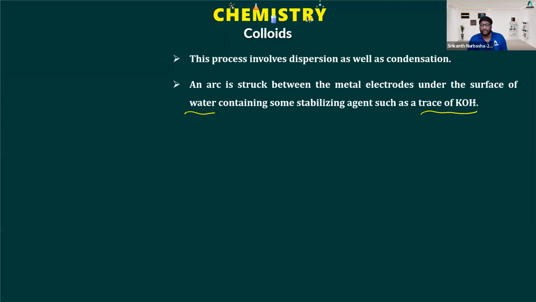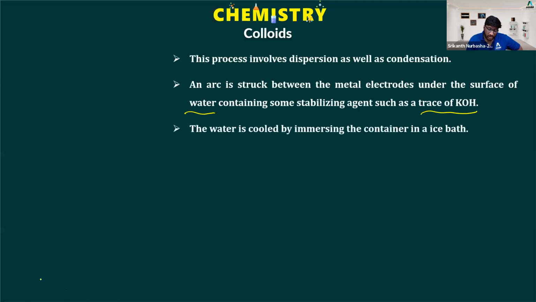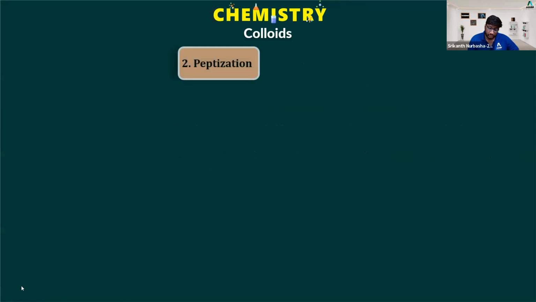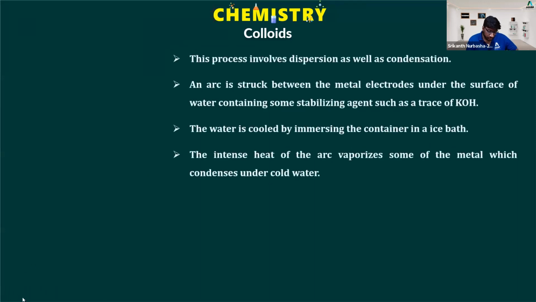Because of the ice bath, the temperature above is low, so that vapor again condenses back to form the respective colloidal solution. The water is cooled by immersing the container in an ice bath. The intense heat of the arc vaporizes some of the metal, which condenses under cold water to form the colloidal solution. That is the first method, Bredig's arc method.